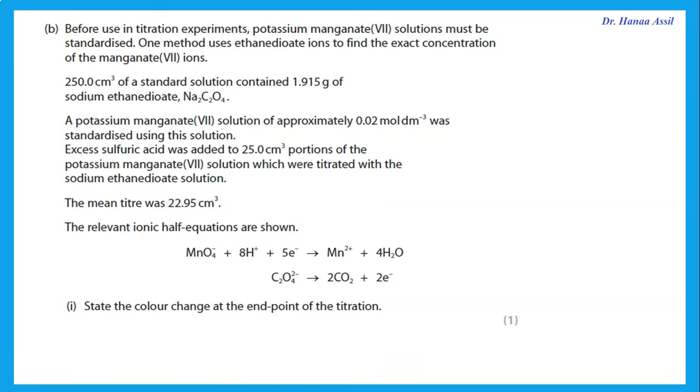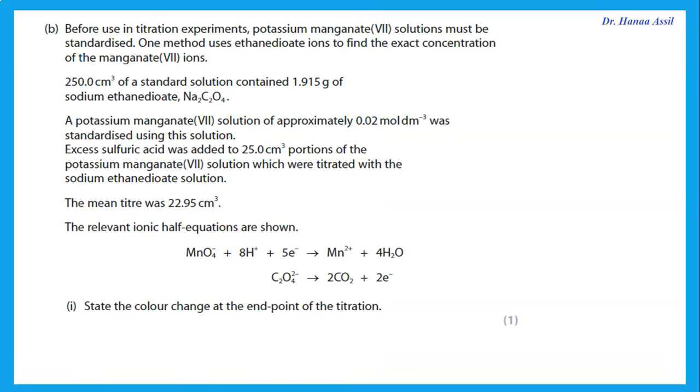So, what are we titrating? In the flask, we have 25 cm³ of potassium permanganate. And of course, potassium permanganate is purple. So, that's what we're starting with at the beginning of the titration. Now, by the time we add the sodium ethanedioate, the purple color has been used up a little bit, so we're left with a pink color.